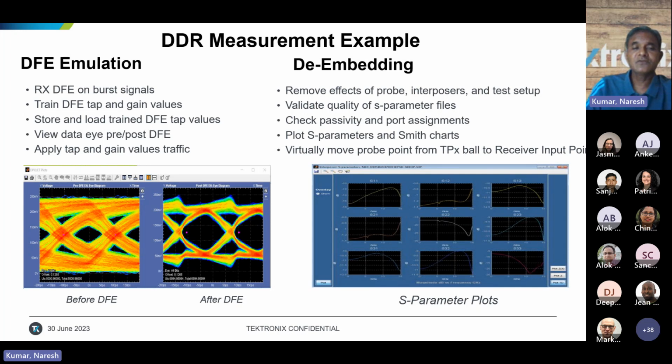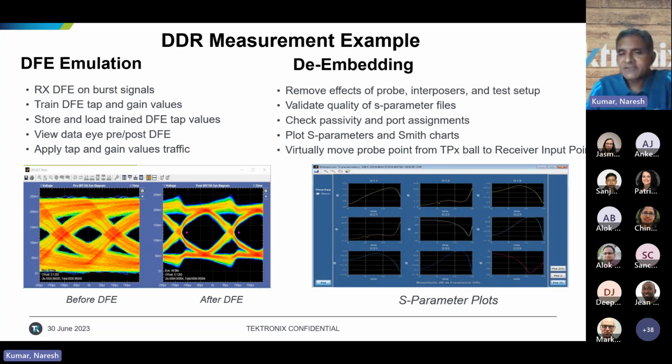This gives you the idea of the need for equalization, as well as emulating your receiver, because on the receive side this is all done by the receiver. These exercises are performed on the signal post acquisition, so that if the eye is closed and you're not able to see it clearly, you apply the equalization and see if you can open up the eye to make the measurements, right?